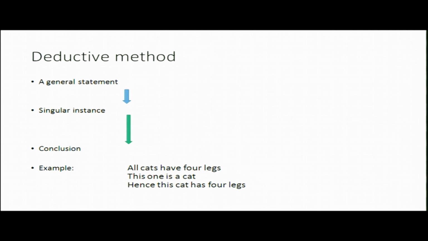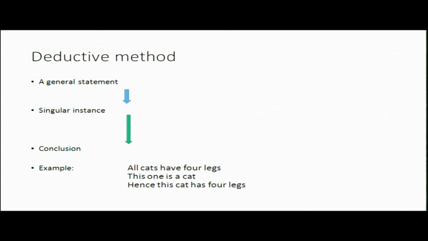The deductive method is as follows. There is a general statement, which can be a theory or a bold conjecture. Then you apply this conjecture or hypothesis to a singular instance and find out whether the singular instance supports your hypothesis or not, and then draw a conclusion.